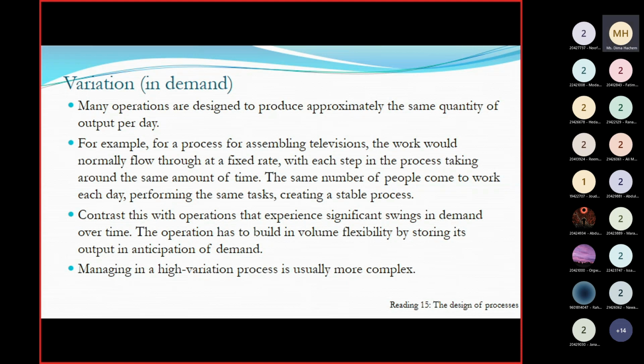Now let's go back to our example, al-bake. Do you think al-bake has different demand during hours of the day, or during days of the week, or even months of the year? Do you think there is a high variation or a low variation at a business like al-bake?